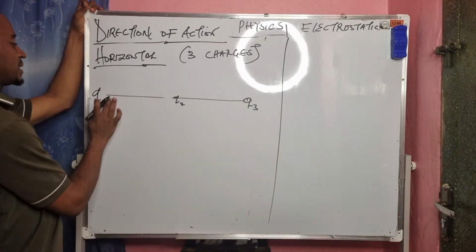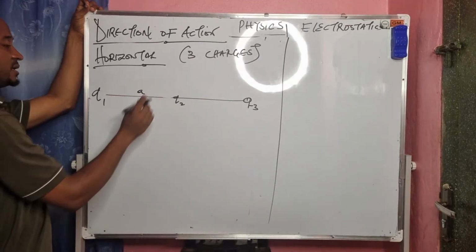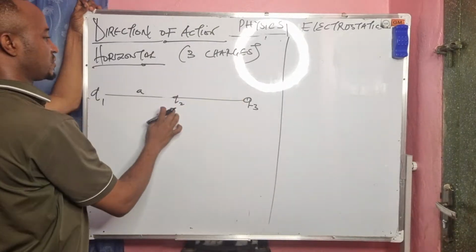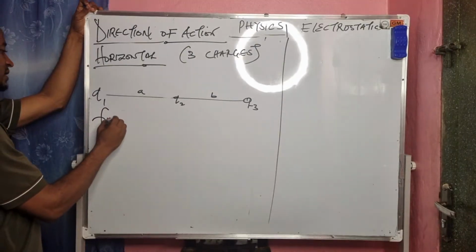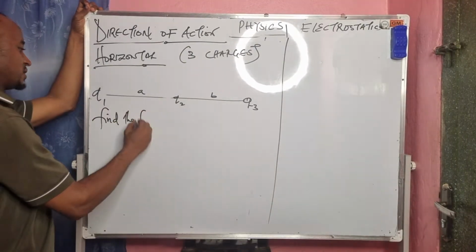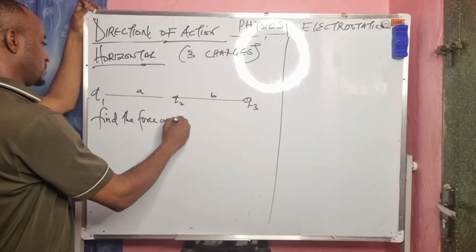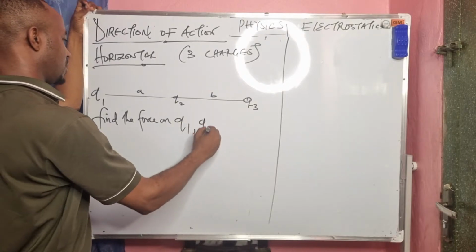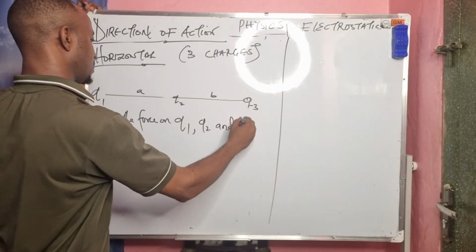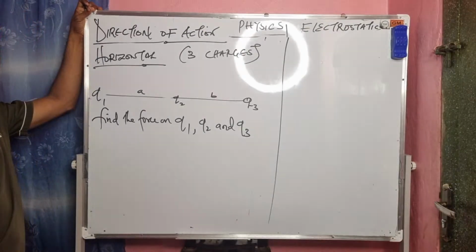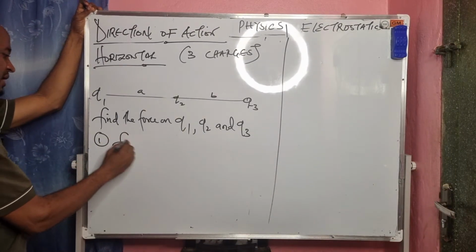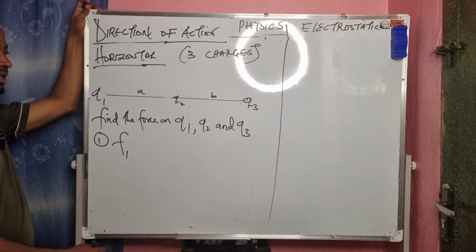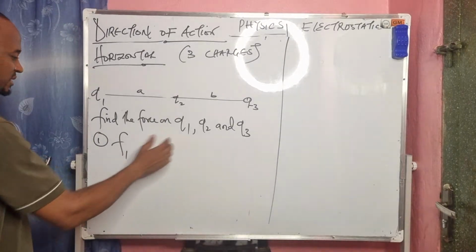The distance between Q1 and Q2 is A. That of Q2 and Q3 is B. And we also find the force on Q1, on Q2, and on Q3. To find the force on Q1, meaning F1, in this case, we have 3 forces.